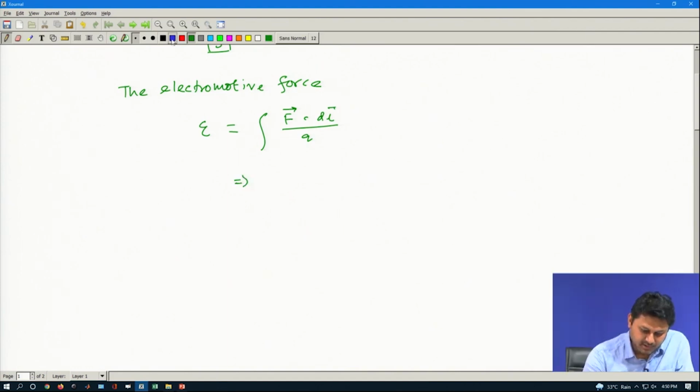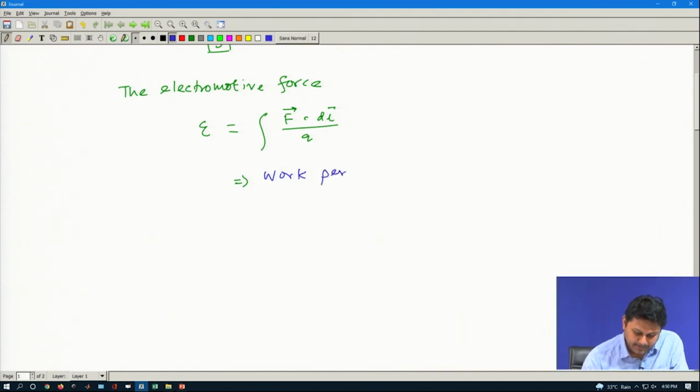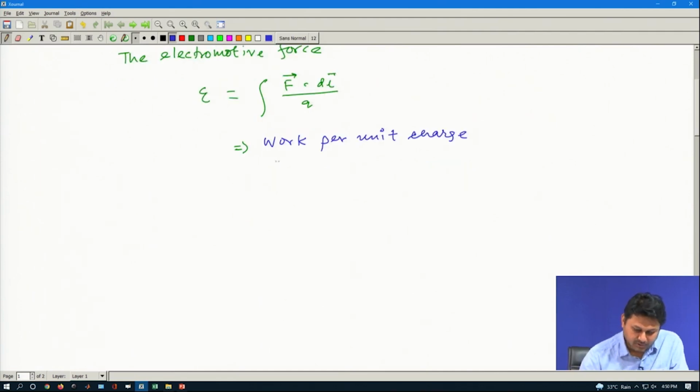So, that means this is the amount of work per unit charge on the test charge that is carried around the circuit.